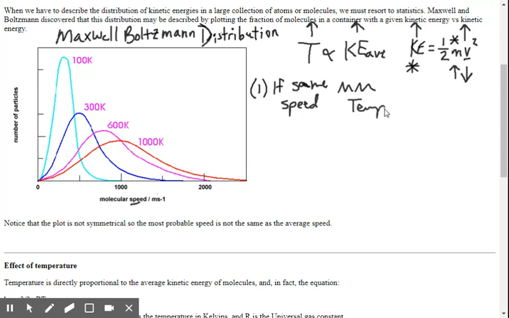Conceptually, we now know that if I increase the speed of something, then that consequently increases the temperature of those particles.